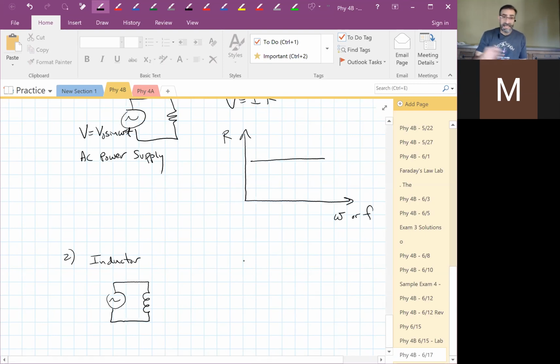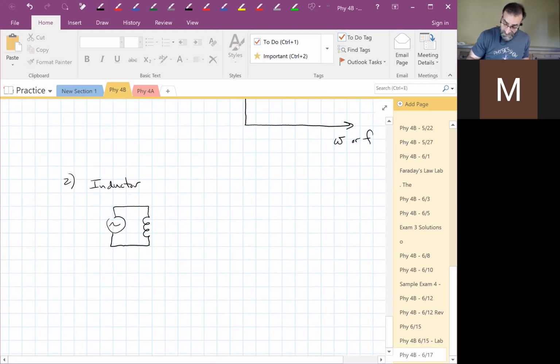When the frequency is low, when it's zero, what effect does this inductor have on the flow of charges? Yeah, none. Just the resistance of the wire, right? That's all. The inductance doesn't do anything.